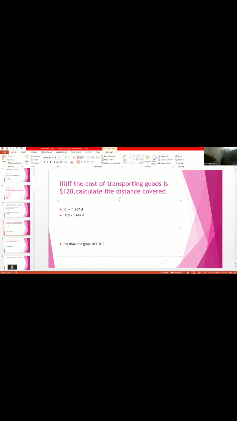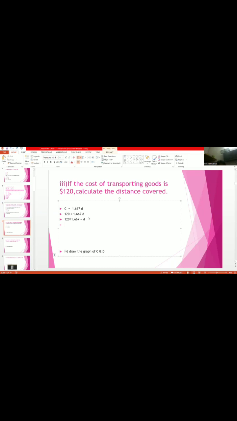1.667 D. Here 1.667, the value of K, is multiplying. So when I move it to that side, it will be dividing. So 120 divided by 1.667 is equal to D. I simply have to divide it here.